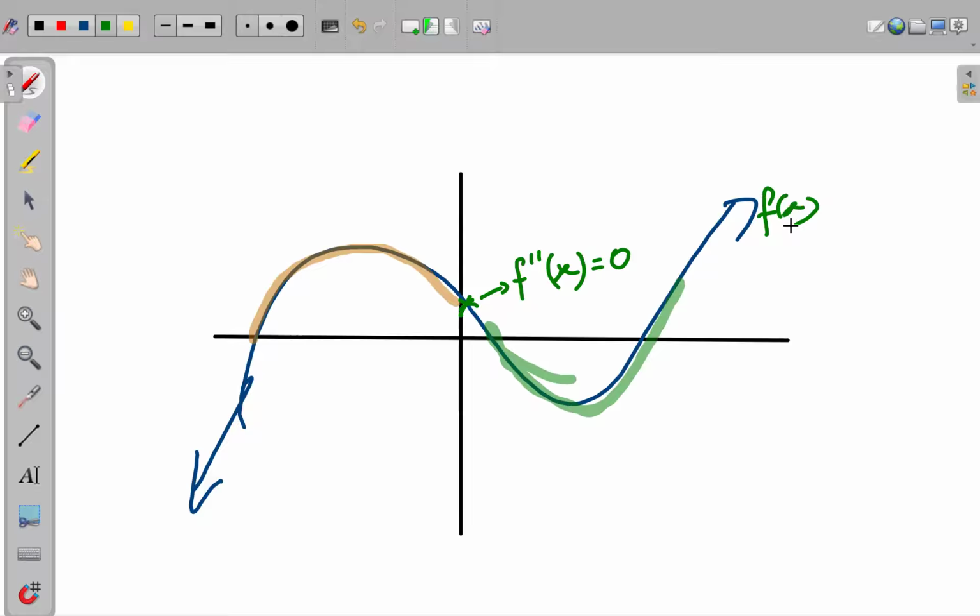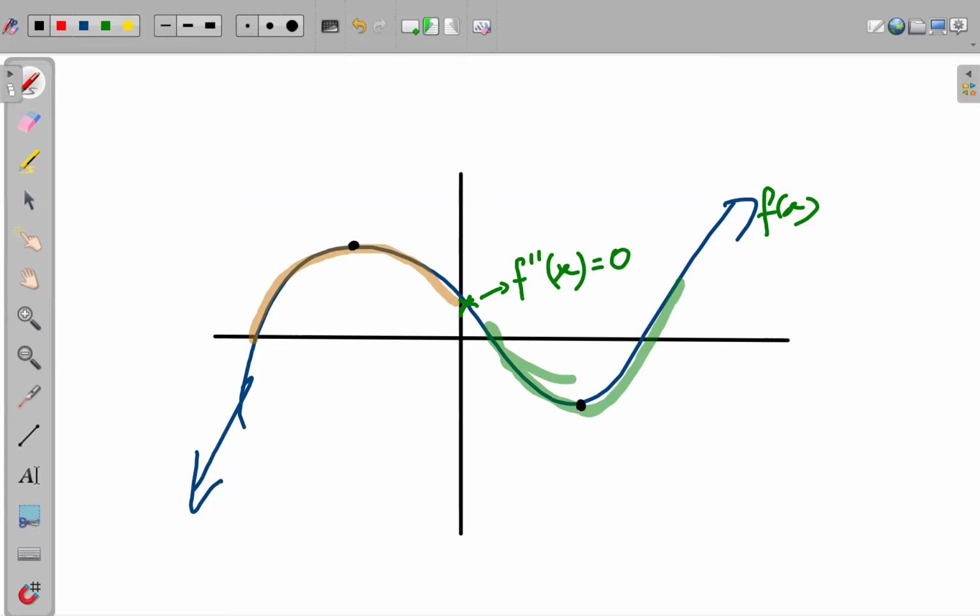Now, we then learned how to classify our stationary points. You would recall I said something like this turning point here being a local max and this turning point here being a local min. What is actually interesting is that we can also use the second derivative to check whether a point is a local minimum or a local maximum.